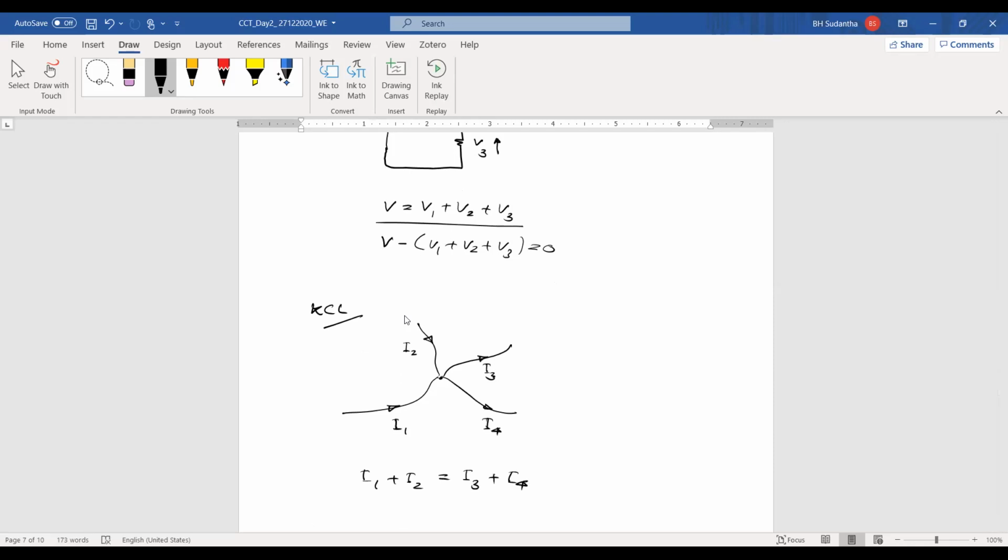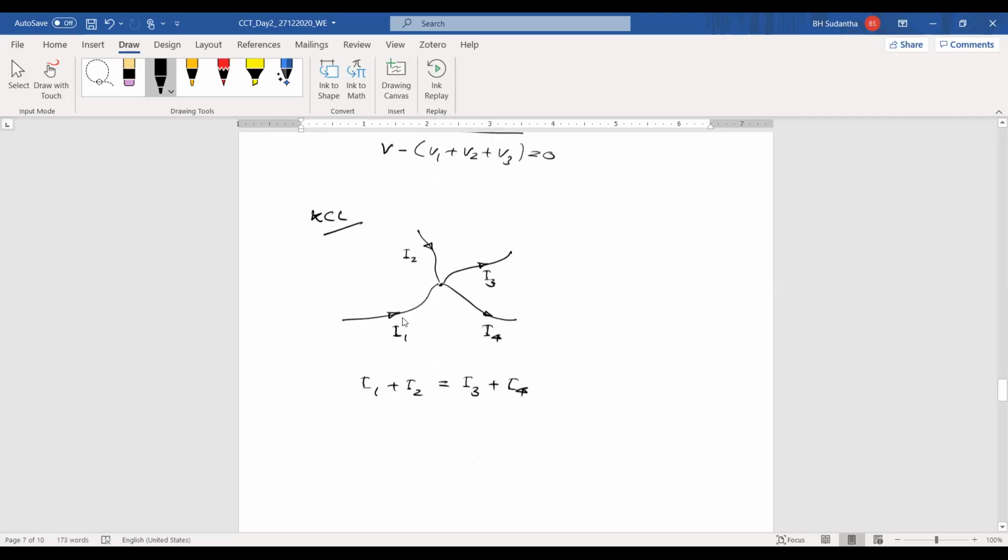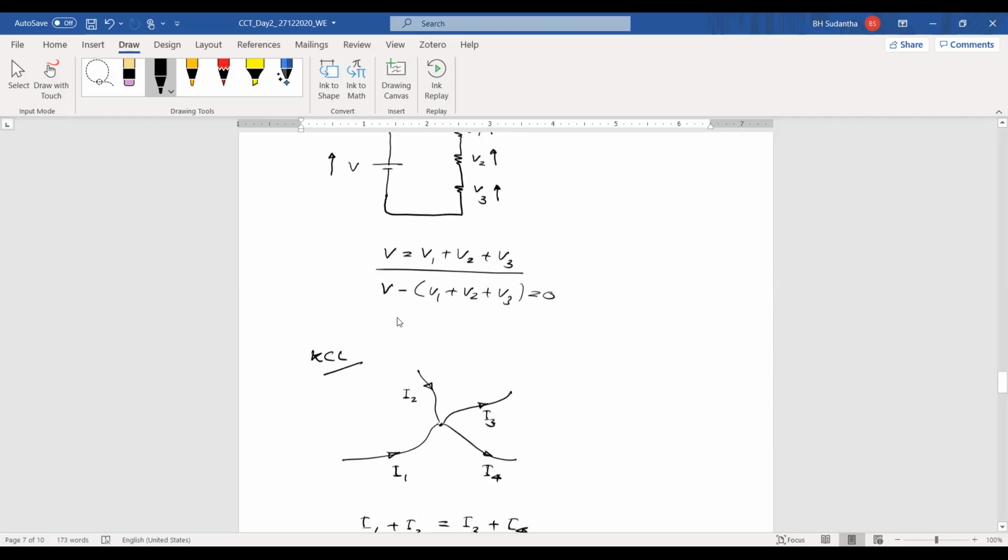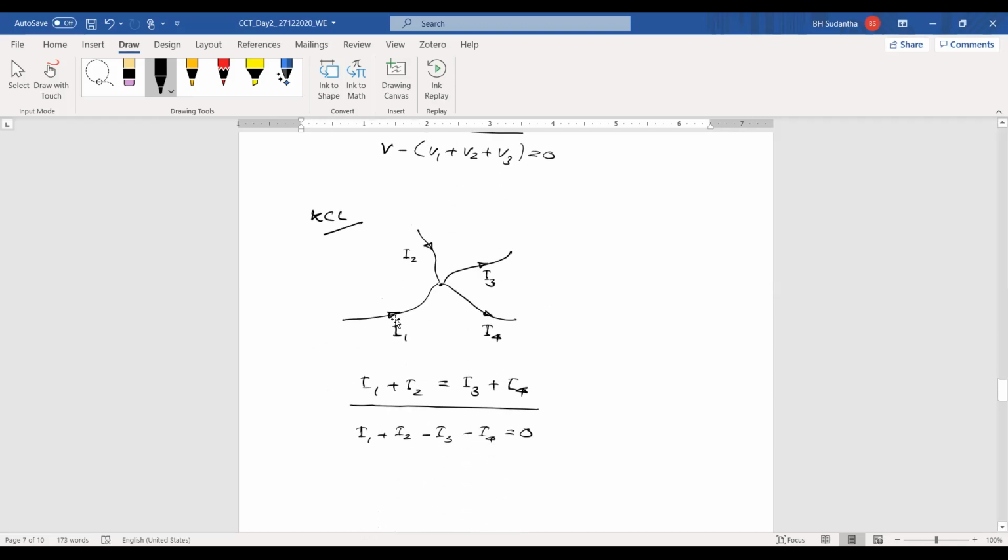In simple terms, the total incoming current is equal to the total outgoing current. Another way, I1 plus I2 minus I3 minus I4 is 0. You can use this one, KVL and KCL. These are two other important theorems we can use when solving these circuit theory problems.